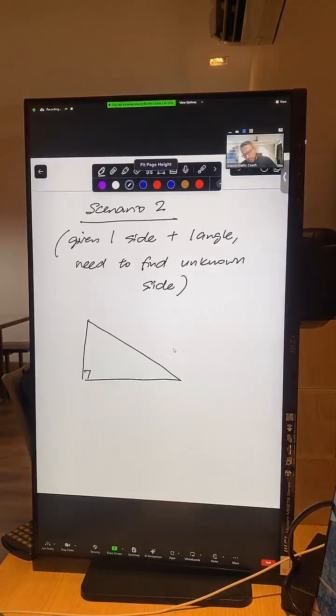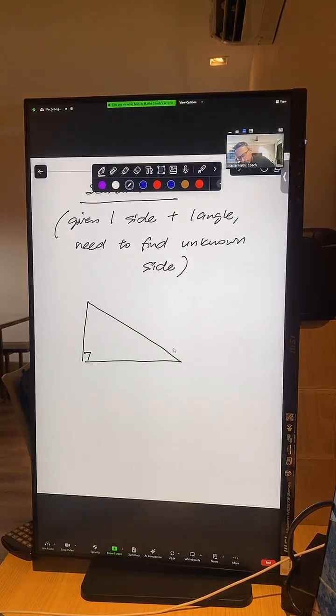So let's say now I know that this is 4 cm. And I know that this is 35 degrees. Then I'm asked to find A. So now you need to ask yourself, are you going to use sine, cosine or tangent?